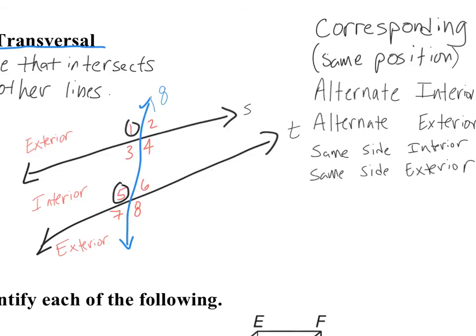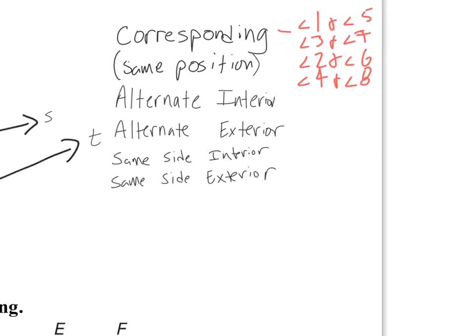And then we have alternate interior angles, okay? So what I would say on that is that they have to be in the interior of these two lines here, okay? But then they alternate on either side of the transversal that's blue, okay? And so what I would say is that 4 and 5 are alternate interior angles. Same thing with 3 and 6, okay? So I'm going to write that over here, okay?